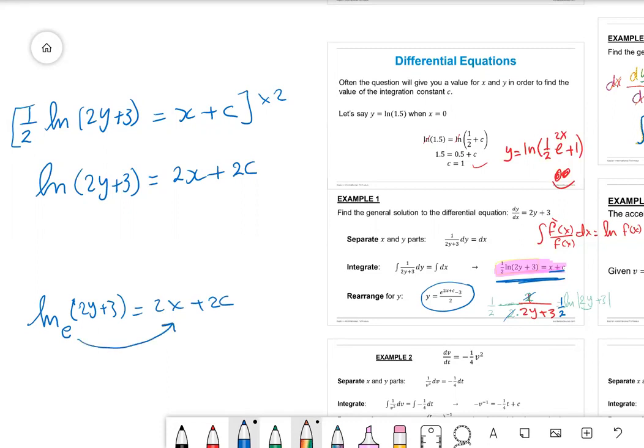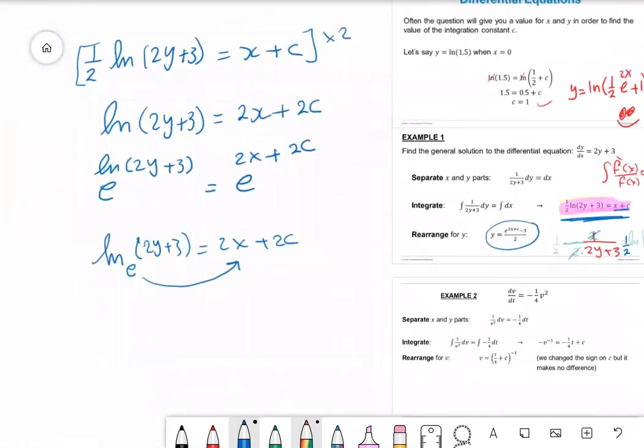We can use the definition or take e for both sides. So the e will cancel the ln. So e to the power ln 2y plus 3 equals e to the power 2x plus 2c or c or d. It doesn't matter. All are the same.